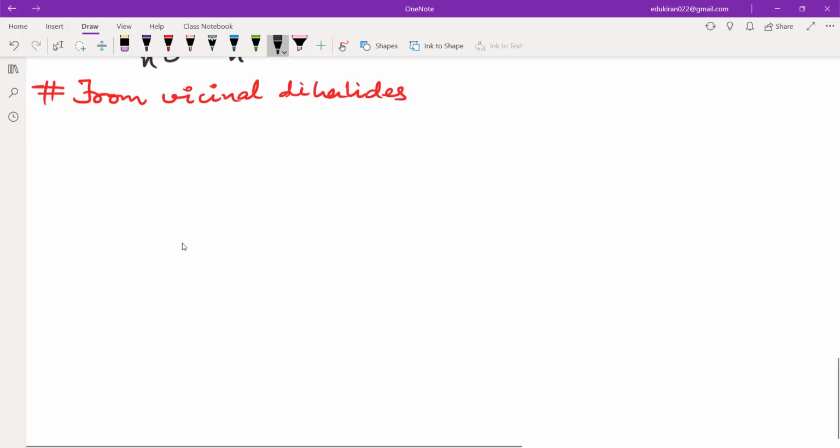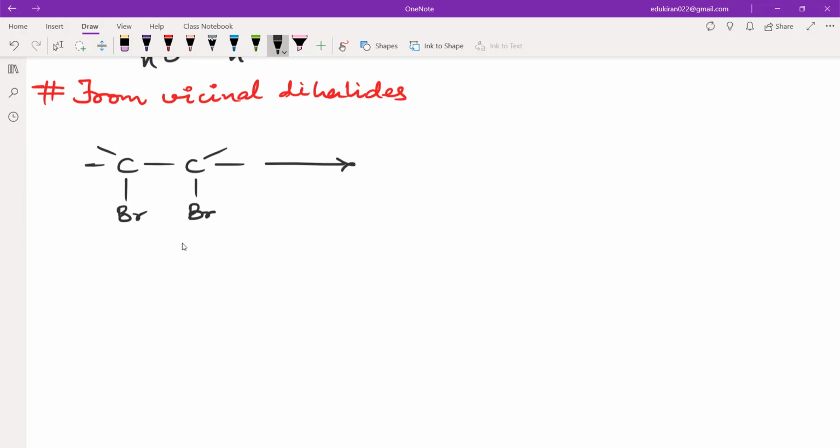So you have carbon, single bond carbon, and there are some groups attached, and here you have, let us say, Br, and here you have Br. You can treat this with zinc, then you will get a carbon double bond carbon, and there will be some groups attached like this.